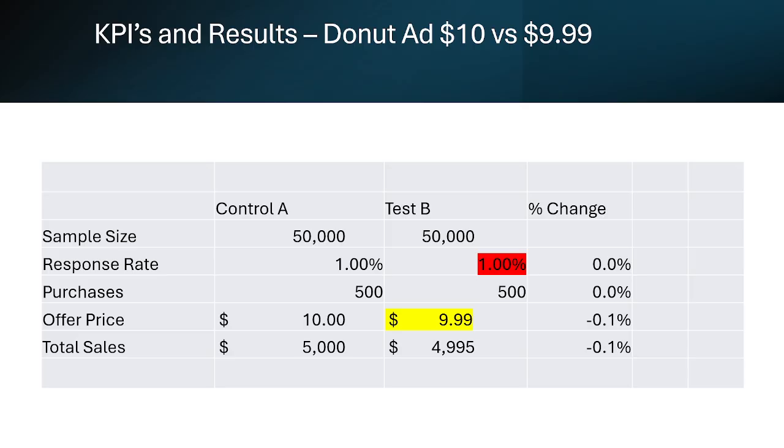So obviously, if this was the actual results, I'd want to quickly pull down the test version because it's losing us money. So important to take the results of a control versus a test or an A/B split, and take those numbers, identify what your KPIs are, in this case it's total sales, and work out the actual result of what happened when the ad ran.